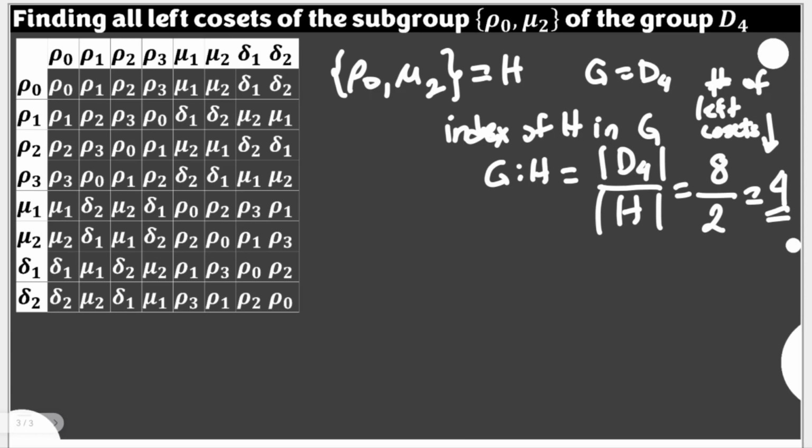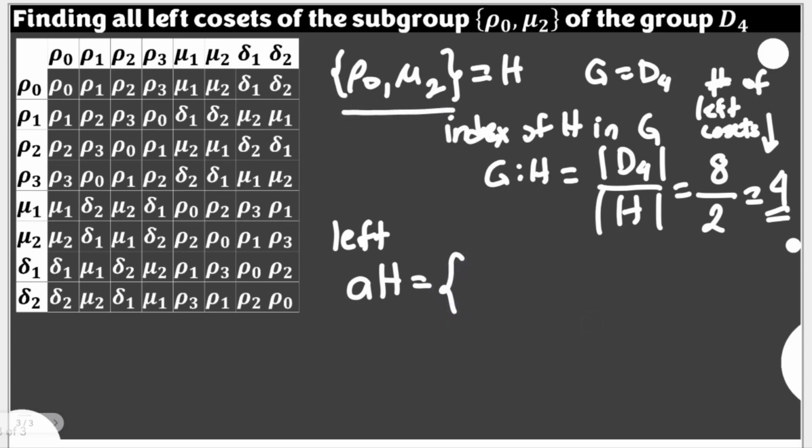And how do we determine that? We could start by looking into the definition of left cosets. It will be generally in this form: aH, where a is an element of D sub 4, and H would be this set here.